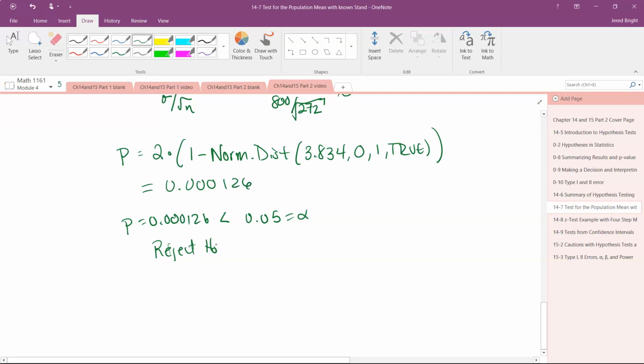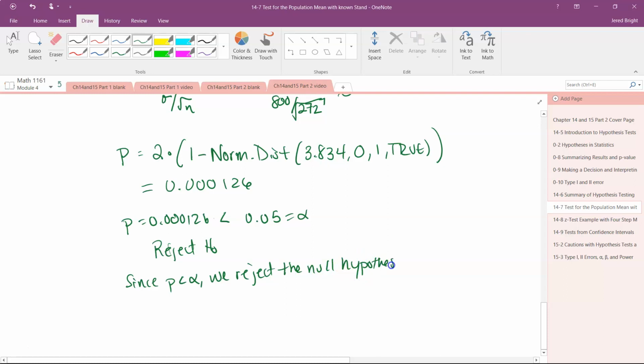I always want to do a little concluding statement. I would say, since p is less than alpha, we reject the null hypothesis.